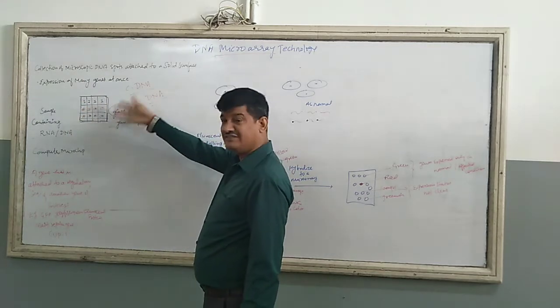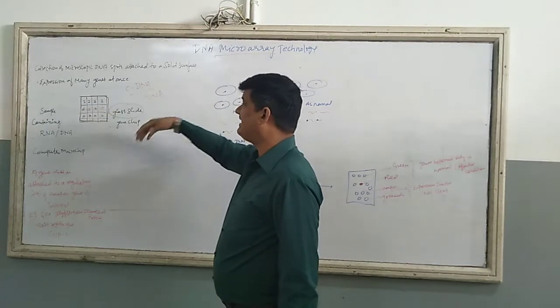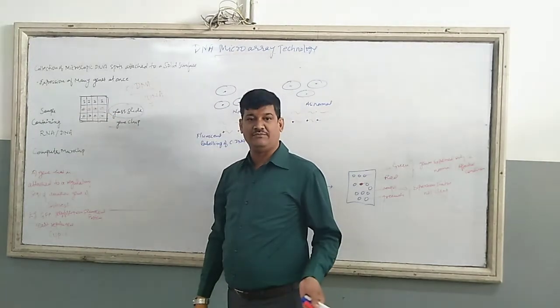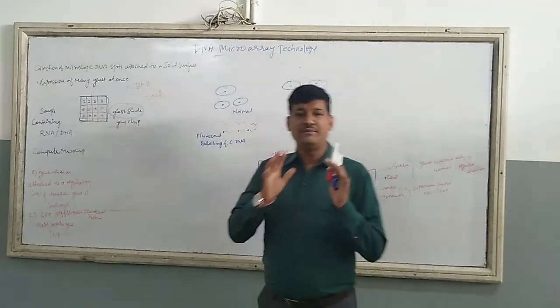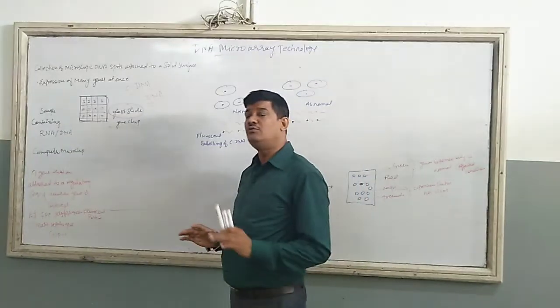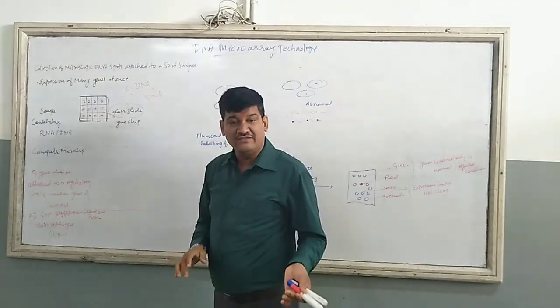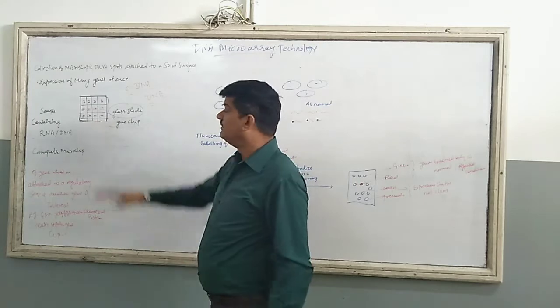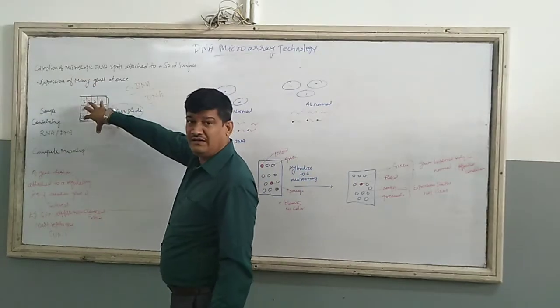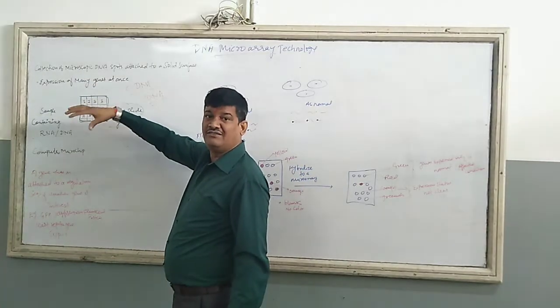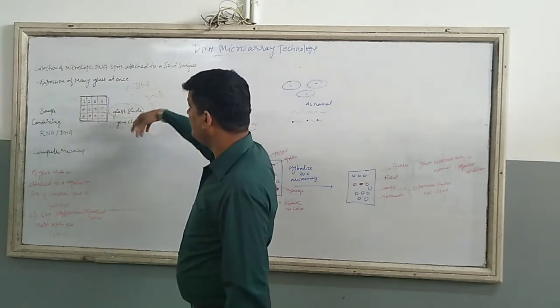So why is it done? It is done for the expression of many genes at a time. Whatever genes are present in the human genome, whether expressing or non-expressing, all these can be studied in one snapshot or in a single vision.